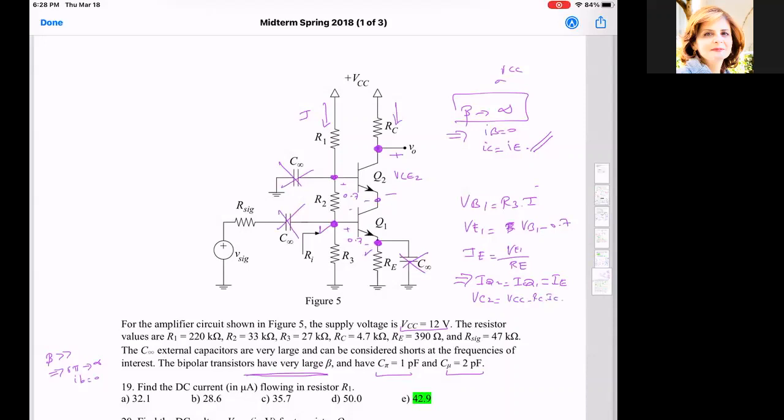What remains is that I need to know VE, right? Can I find VE from VB2? VE2 is equal to VB2 minus 0.7 volts.